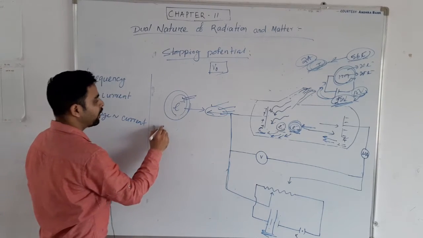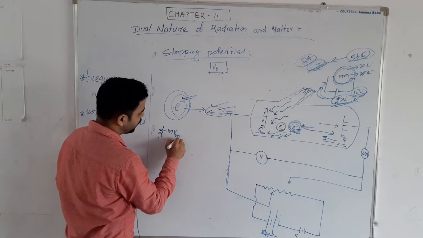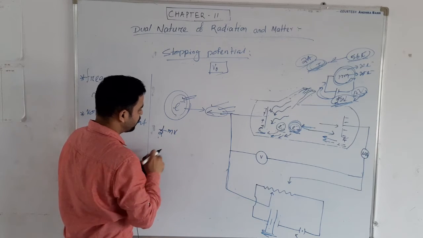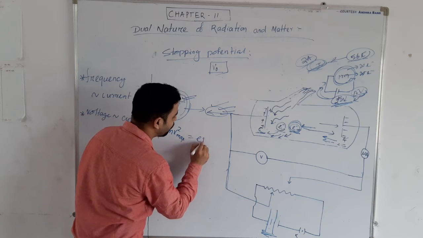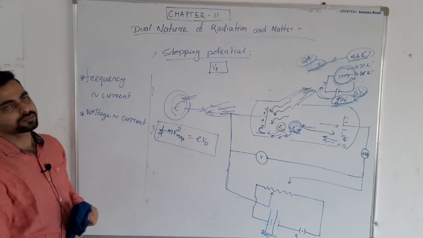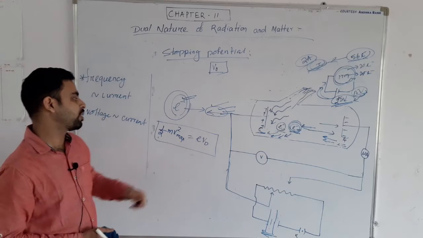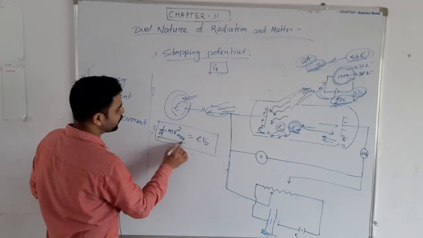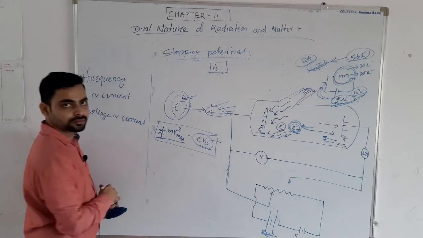So I can say the maximum kinetic energy of the electron is equal to the stopping potential energy.